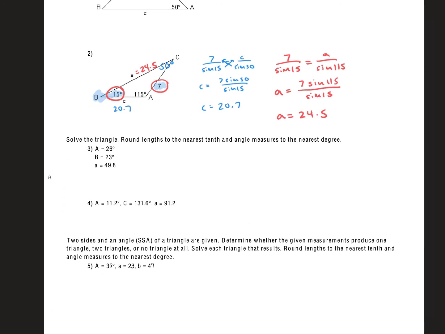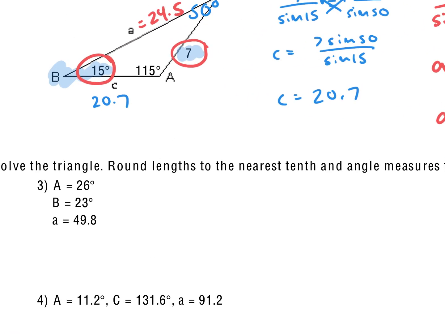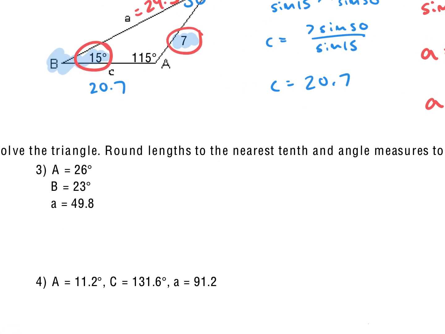All right, next, do you want to do 3 or 4? All right, so for 3, it doesn't give us a triangle, so it's helpful to draw the triangle. So we have A, B, C, across from A, across from B, and across from C. So it gives us angle A is 26, angle B is 23, and side A is 49.8.